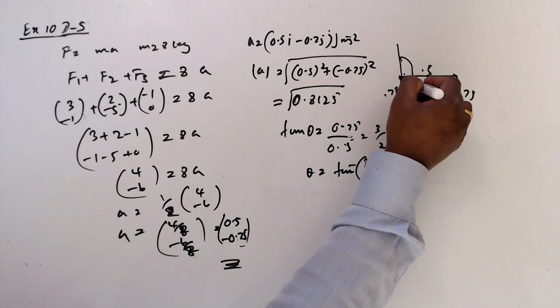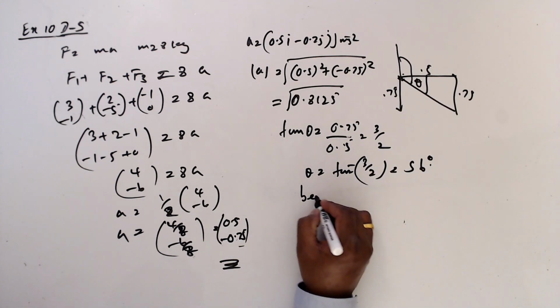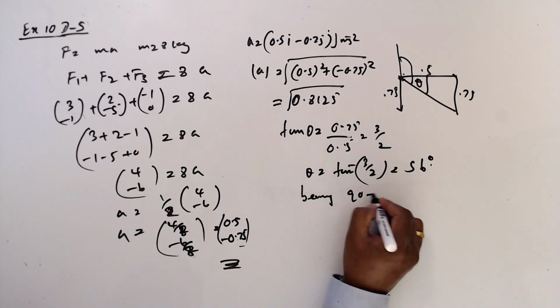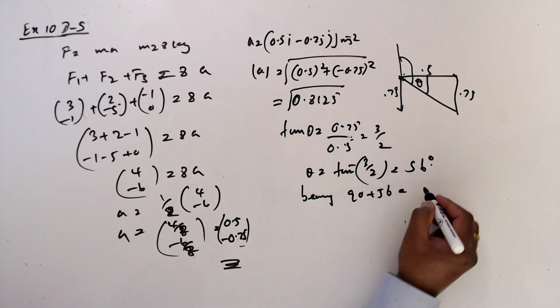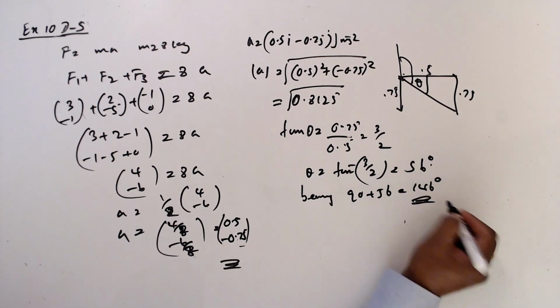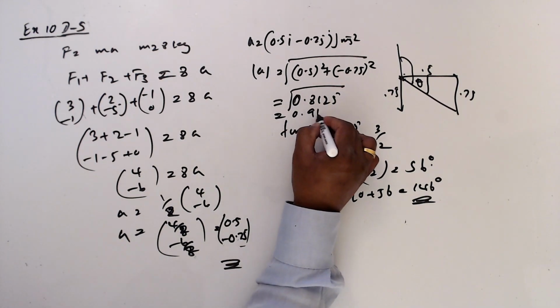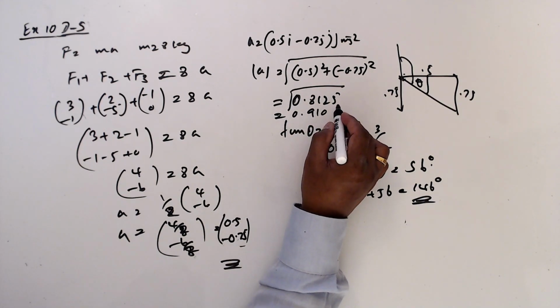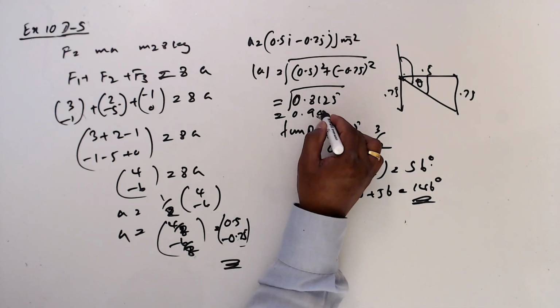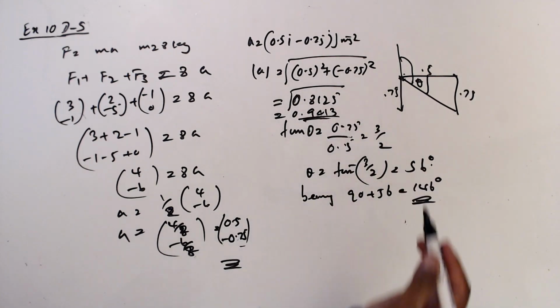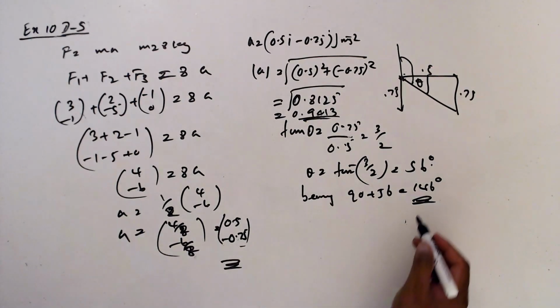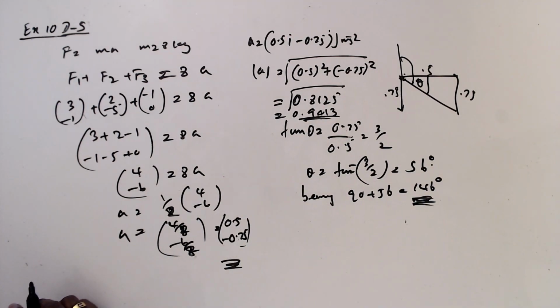And if you need the bearing, then the bearing is 90 plus 56, that is 146. And the bearing is this.